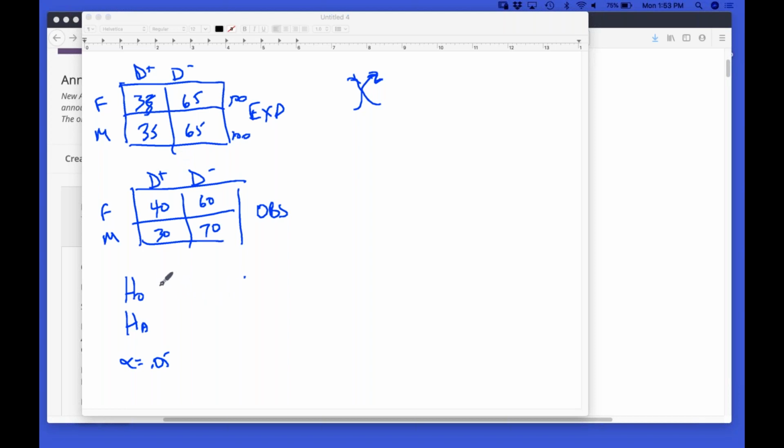So why don't we say instead that the null hypothesis is there's no association between gender and diabetes. And my alternative hypothesis is there is an association between gender and diabetes. And we want to be 95% certain before we reject the null hypothesis. In other words, we want to make sure there's less than a 5% chance that we would make a mistake and reject the null hypothesis here when we really shouldn't.